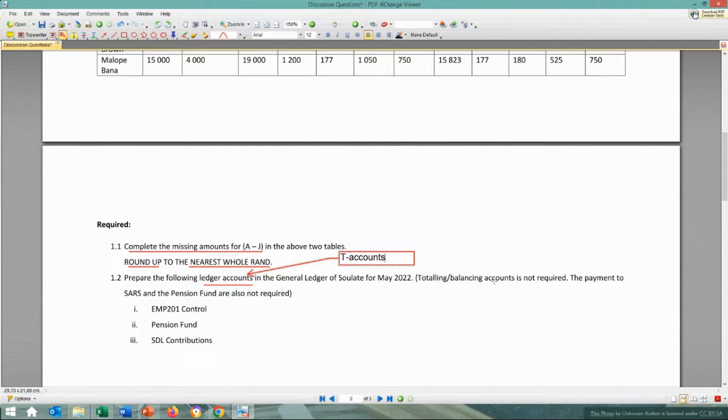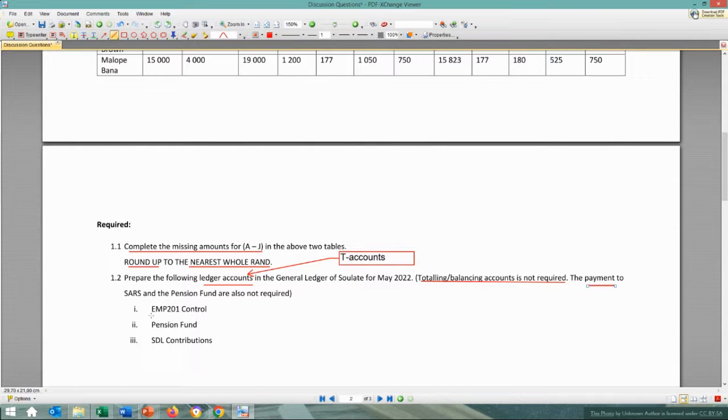Totaling or balancing the accounts is not required, so we do not have to total or balance it. So that means we do not have to close off the account. The payment to SARS and the pension funds are also not required. So we also do not have to do the payment component of it.